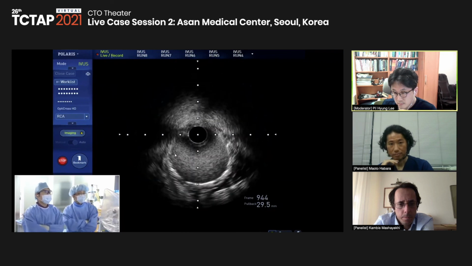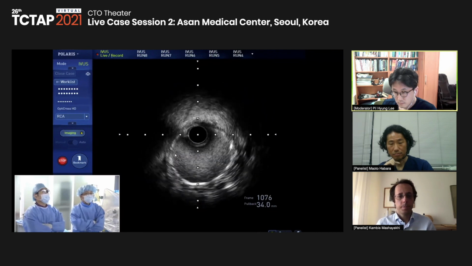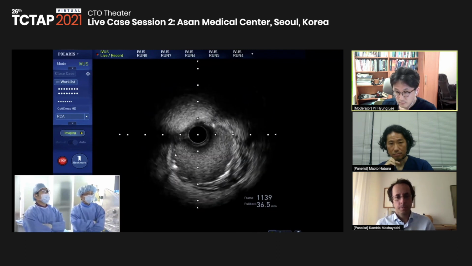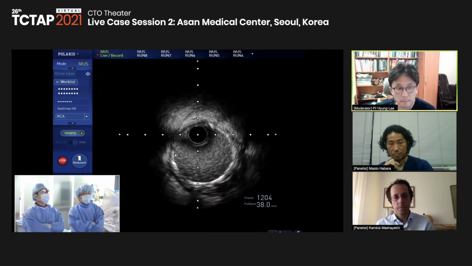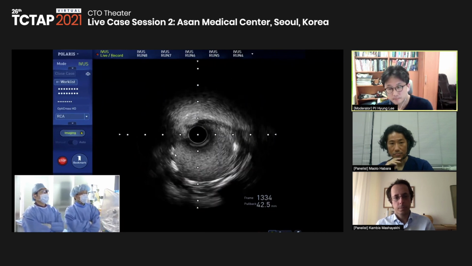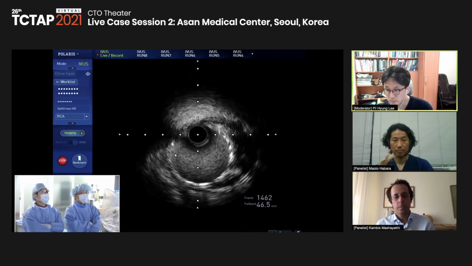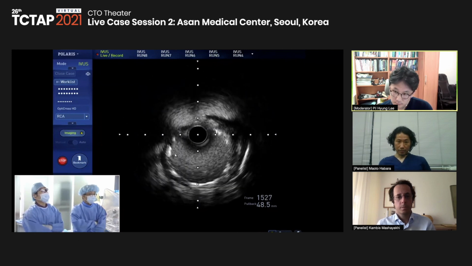Okay. So far so good. This is a 3.5 stent. It's well expanded. By the way, the stent was Xience. Okay, so far so good.